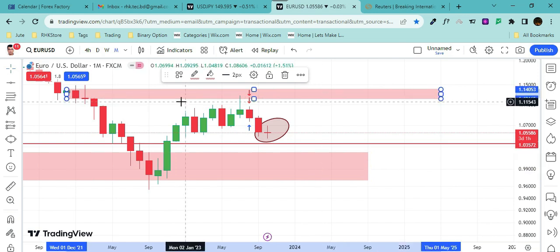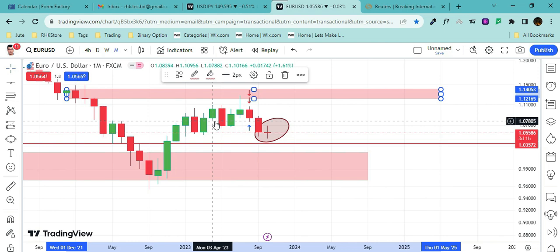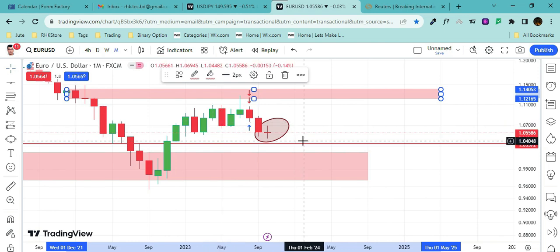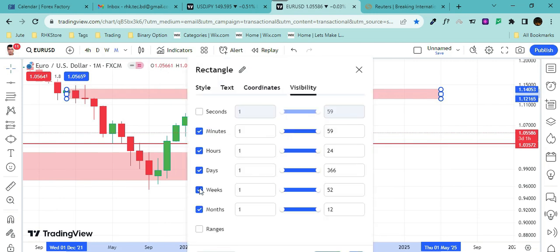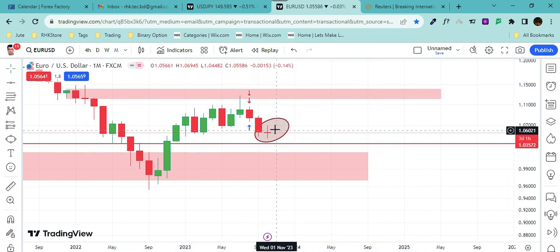So in a top-down analysis, we move from monthly to weekly to daily, and daily to 4 hours. We don't go lower than 4 hours. So this is the area of concentration right now.